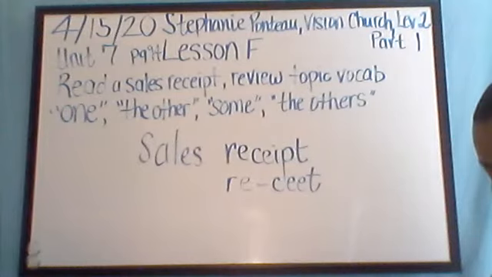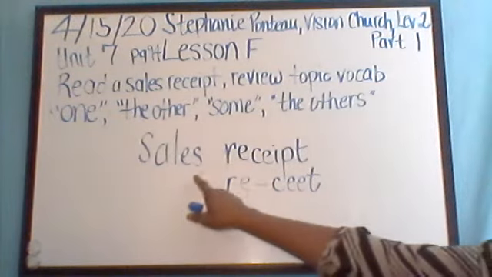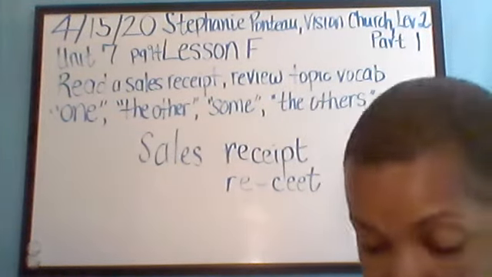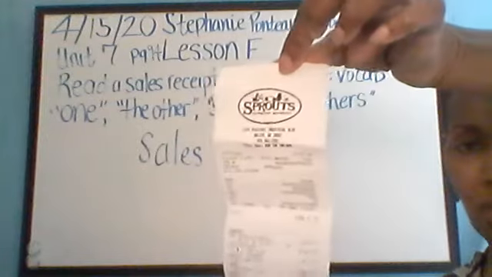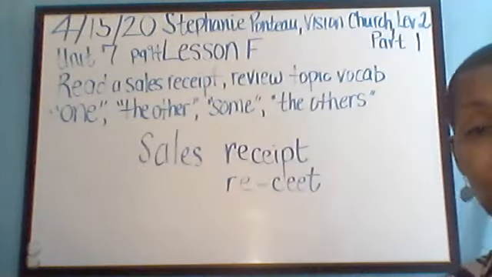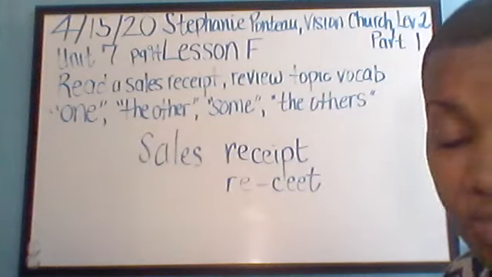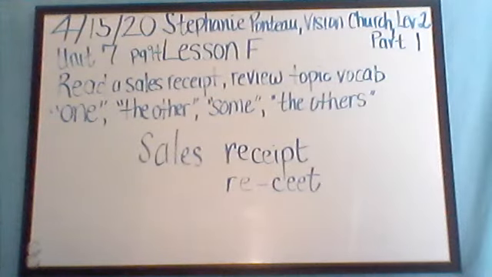A sales receipt is the piece of paper that they give you when you buy something. Like these receipts I had in my wallet, and I'm sure you guys pulled out a few receipts out of your purse and wallets as well. The receipt is what they give you at the store after you make a purchase.